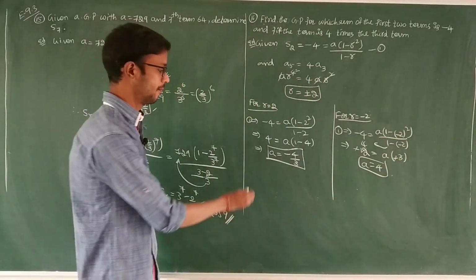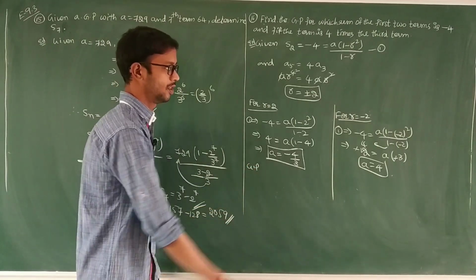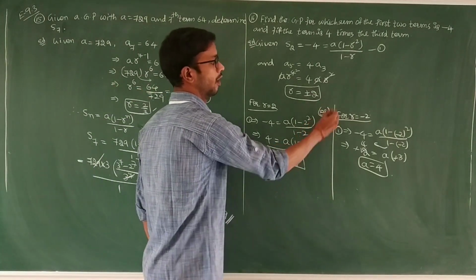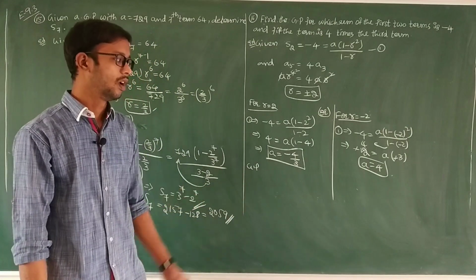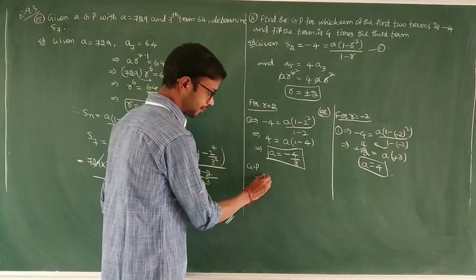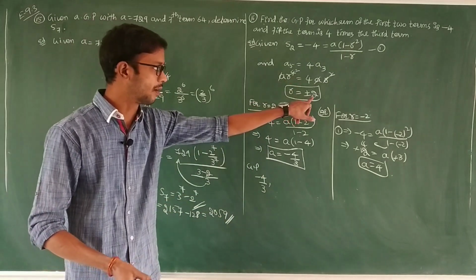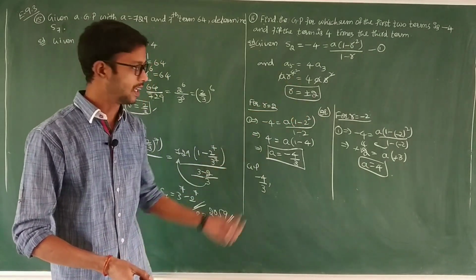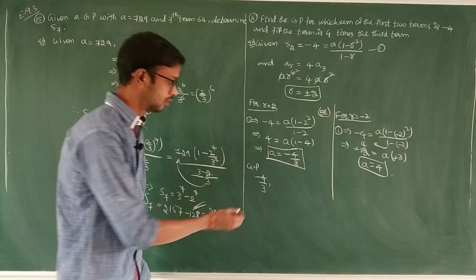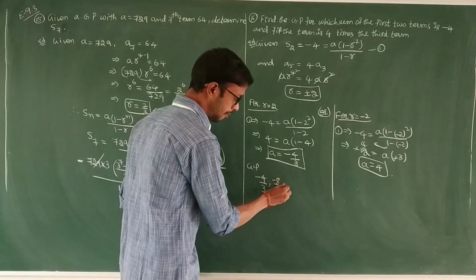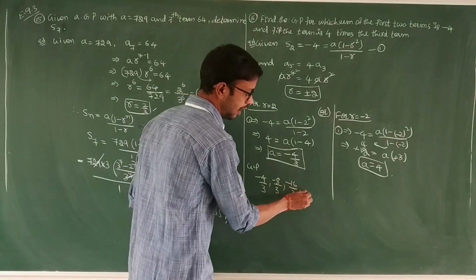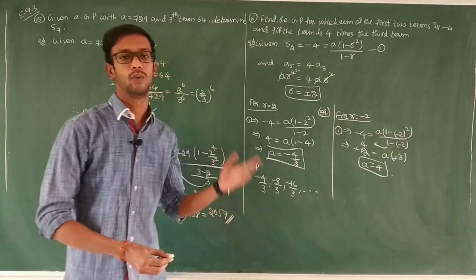So the GP is either this one or that one. GP is first term, second term obtained by multiplying with R, multiply with R, which is 2. So minus 4 by 3, minus 8 by 3, minus 16 by 3, and so on you will get. Multiply 2 to 2.